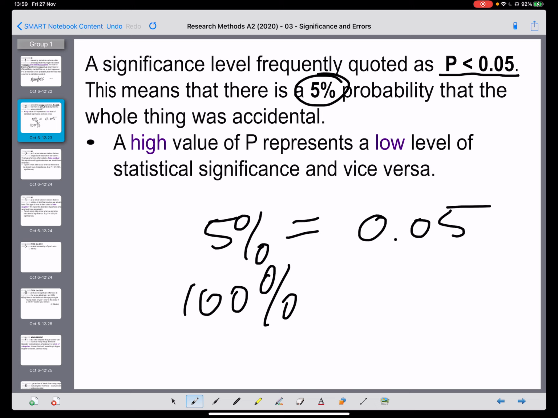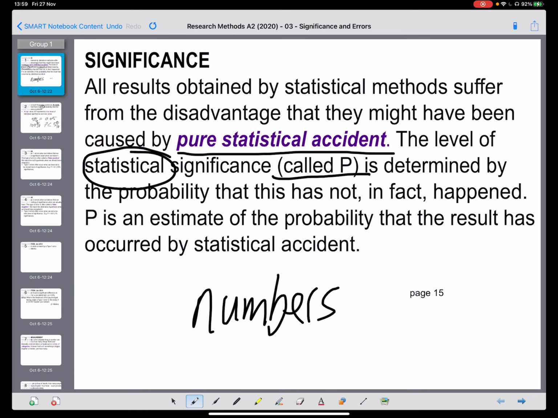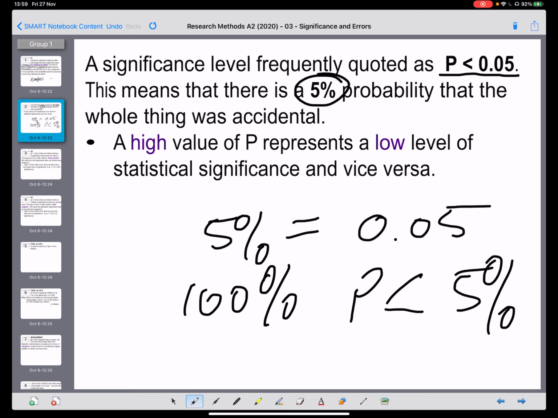When I quote that the probability is less than or equal to 5%, I'm saying that I've got less than 5% chance that my data is pure statistical accident. It's quite good, because that means that 95% of the data, I'm quite confident, is down to the experiment or the manipulation of the IV that has created the data.